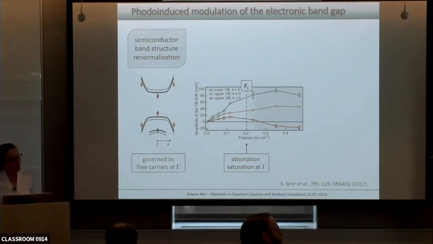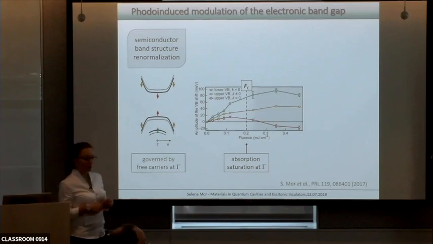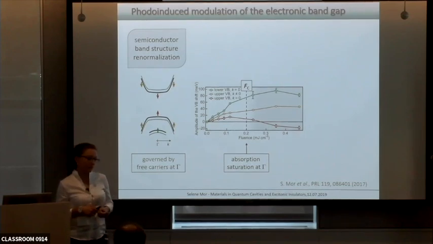Can I make a general comment for the ultrafast community? We should be able to find a good way to set our time zero in our traces. It's very important to understand what the dynamics of the system is, and looking at different papers, time zero is set in different ways.